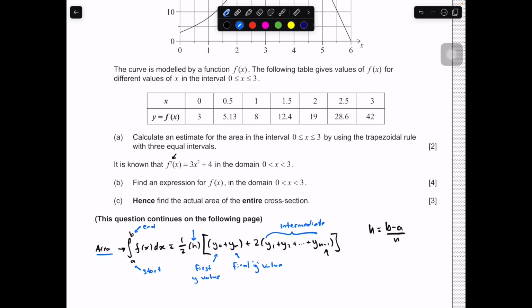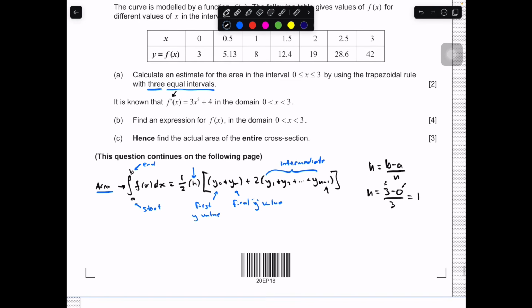This h just refers to the size of the intervals. In this case, we know that there are 3 equal intervals between 0 and 3. So h is going to equal 3 minus 0, endpoint minus starting point, broken down into 3 equal intervals, and it should be equal to 1.